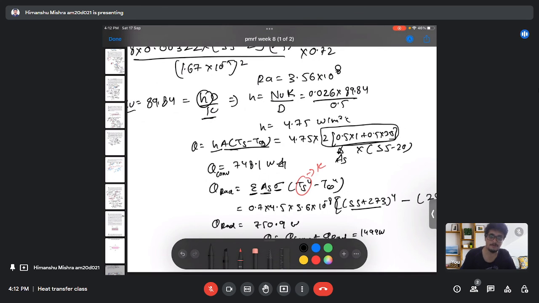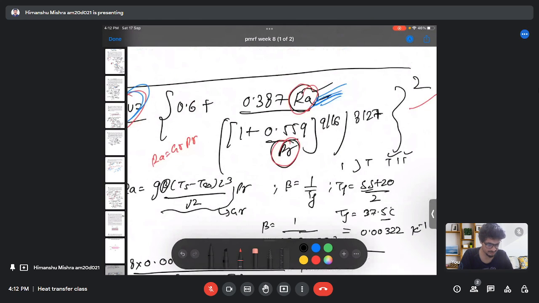So in this question we found the heat transfer due to convection, and the procedure is similar to the previous question. To find the heat transfer coefficient we need a Nusselt number, and to find the Nusselt number we need the Rayleigh number. So first we found the Rayleigh number, then the Nusselt number, and from the Nusselt number we got the heat transfer coefficient.